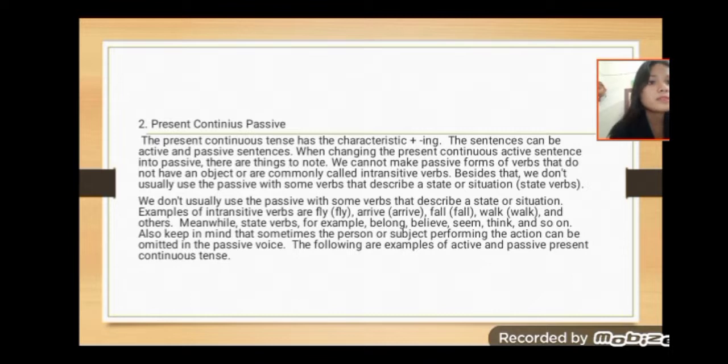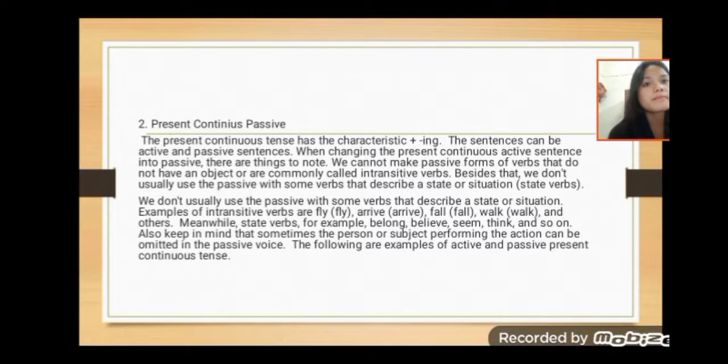We also don't usually use the passive with verbs that describe a state or situation, called state verbs. Examples of intransitive verbs are fly, arrive, fall, walk, and others. Examples of state verbs are belong, believe, seem, think, and so on.